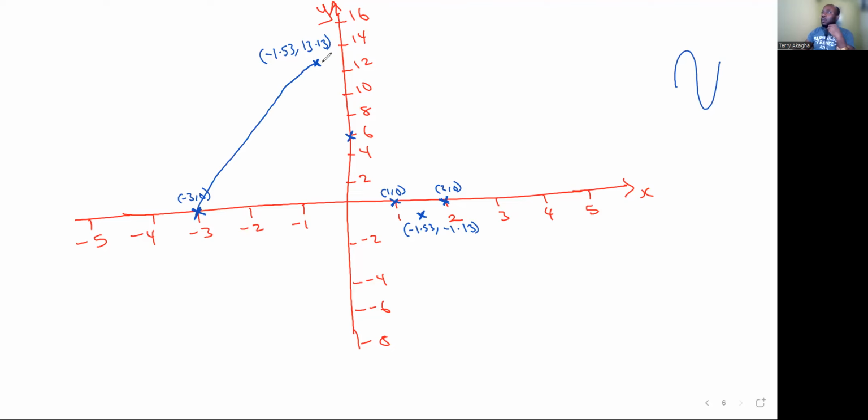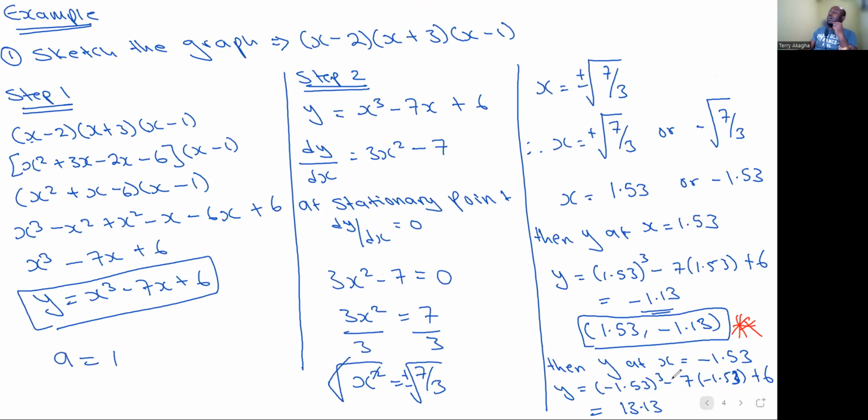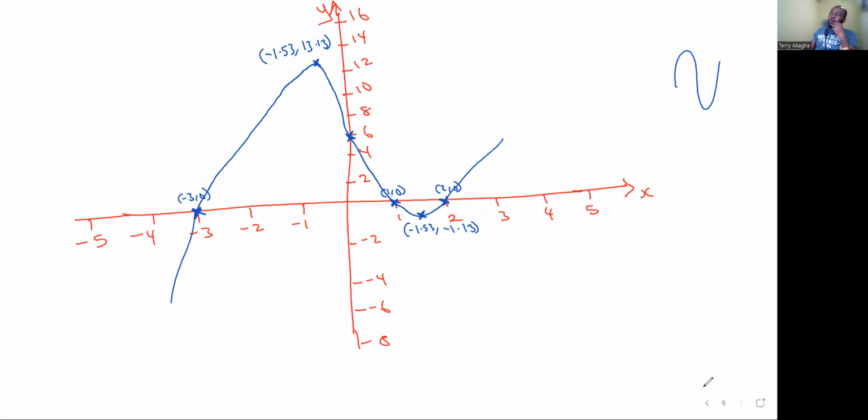Go all the way here, come down there, all the way down to that, come down here, up, and down. Are you seeing it? And this is the graph for the function we had, x minus 2, x plus 3, x minus 1.